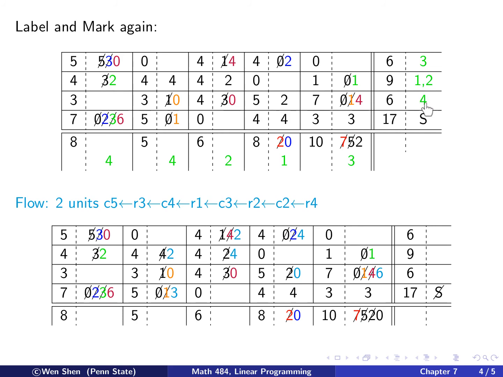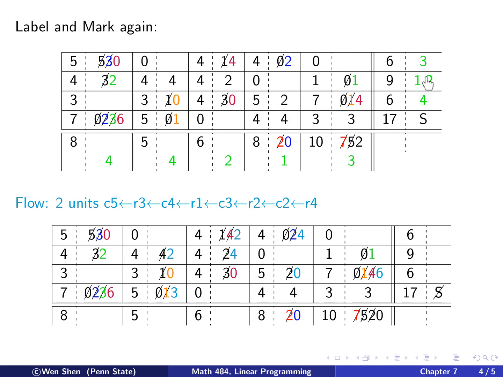Then R3 can flow from column 4, so it becomes C4. Now let's look at C4. C4 can come from R1. We have R1. Now let's look at R1. R1 is coming from column 3, so we have C3. Okay, let's look at column 3. Column 3 is coming from R2, so we have R2.